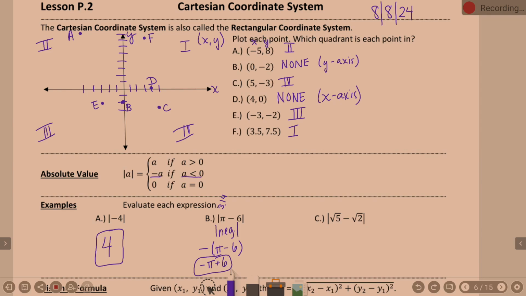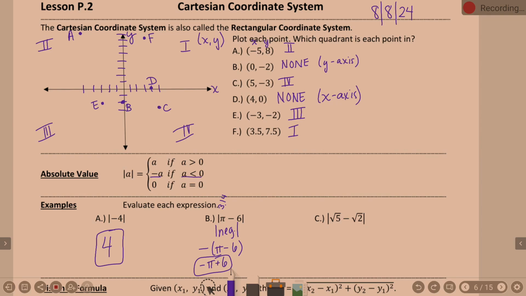So that's where you have to be careful. We don't want to just jump at, oh, I see a minus or negative, I'm making it positive. We want to keep the value the same, because if we say the absolute value here is pi plus 6, now we're at 9.14, which is totally different than the negative 2.85.